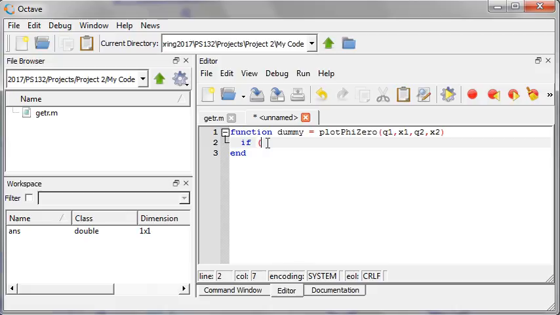So if Q1 is greater than Q2, then I do all this stuff. QB is equal to, and that's not going to work for me. I need the absolute values because one's negative and the other one's positive.